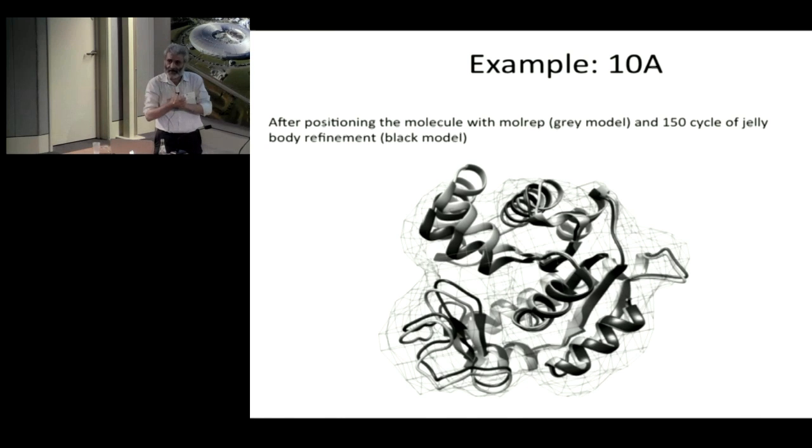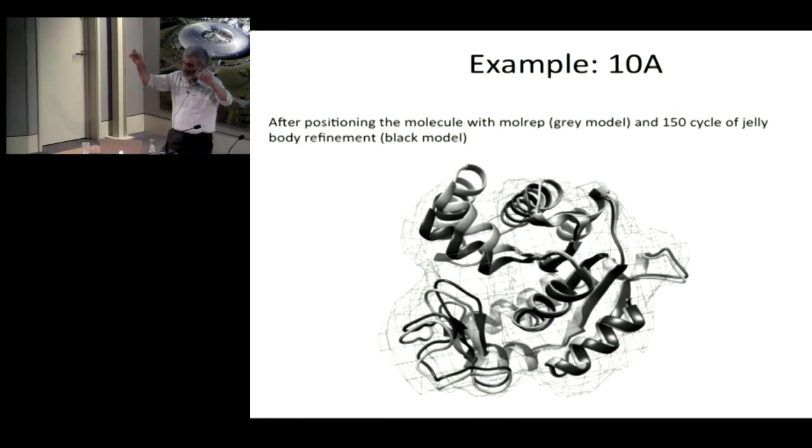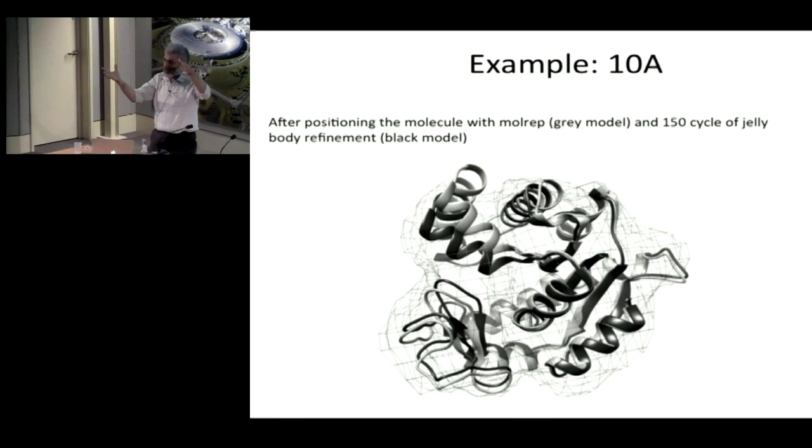Now you can imagine that if you take all interatomic distances and keep them intact, then how can the molecule move? The only way the molecule can move is to rotate and translate. Okay, and it means that at the end, in the limit, it becomes rigid body refinement.